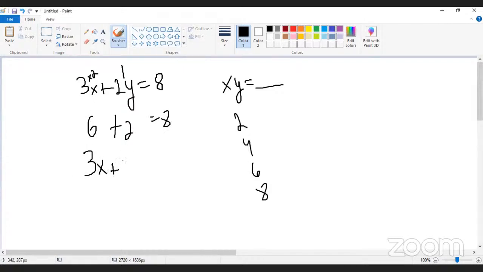X we can take as 1, no, would not work. 2, 3, okay, 2. Any other value? You cannot go negative because the product will give you negative.